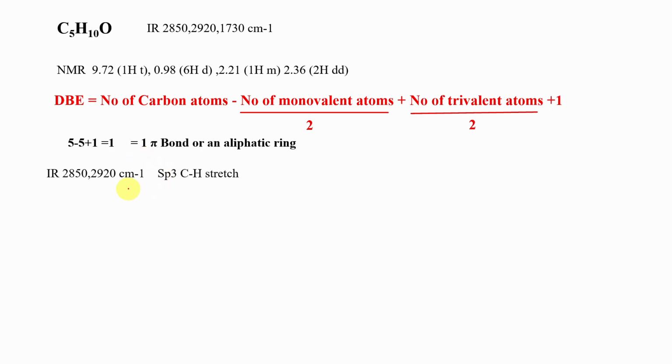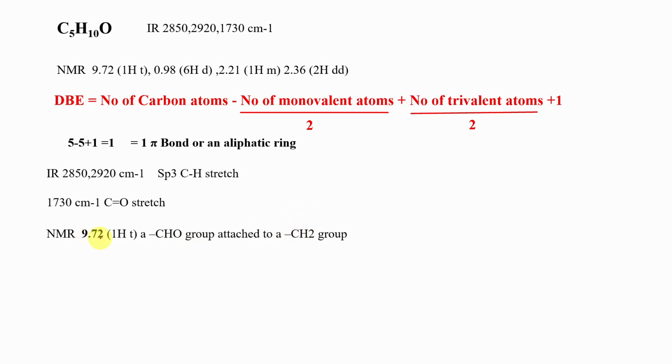Then the IR values 2850, 2920 centimeter inverse are typical sp3 carbon hydrogen stretch, and 1730 centimeter inverse indicates the presence of a carbonyl group or C double bond O stretch. Then the NMR value 9.72 is one proton triplet. The CHO group, the aldehyde group, is directly attached to a CH2 group.